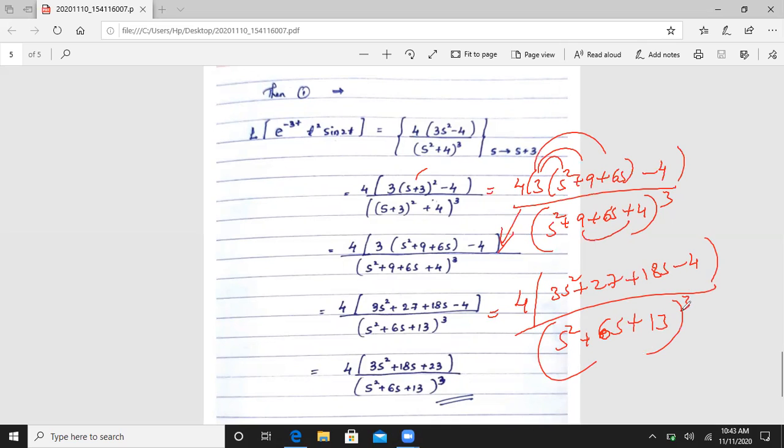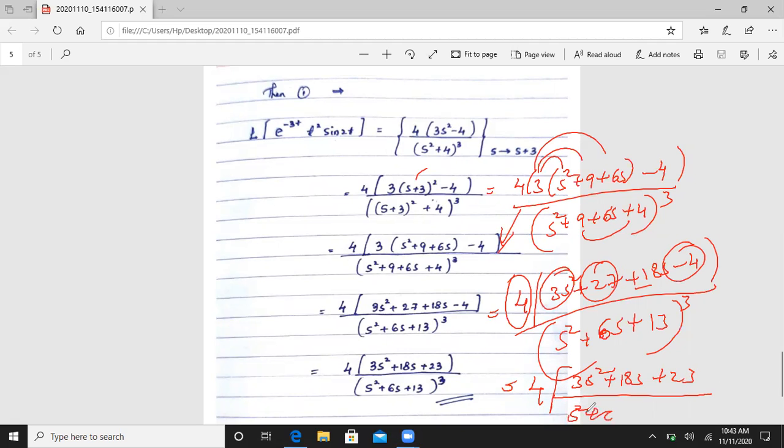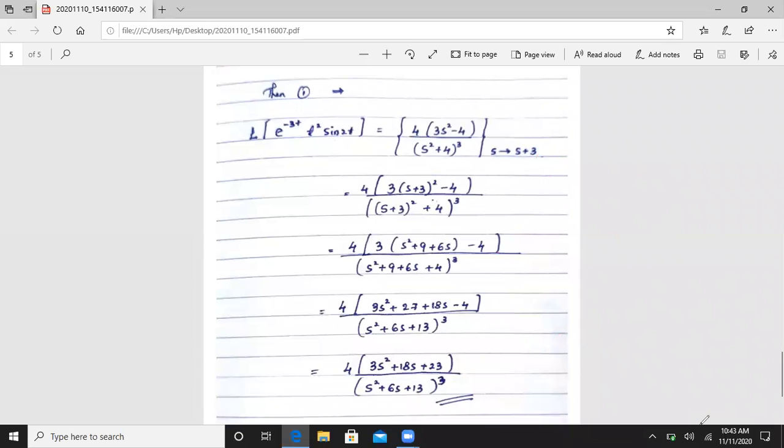In this term we will get 4 as it is and 3s square as it is, plus 18s, and here 27 minus 4 becomes plus 23, divided by s square plus 6s plus 13 whole cube as it is. Here your final answer is 4 into 3s square plus 18s plus 23 divided by s square plus 6s plus 13 whole cube.